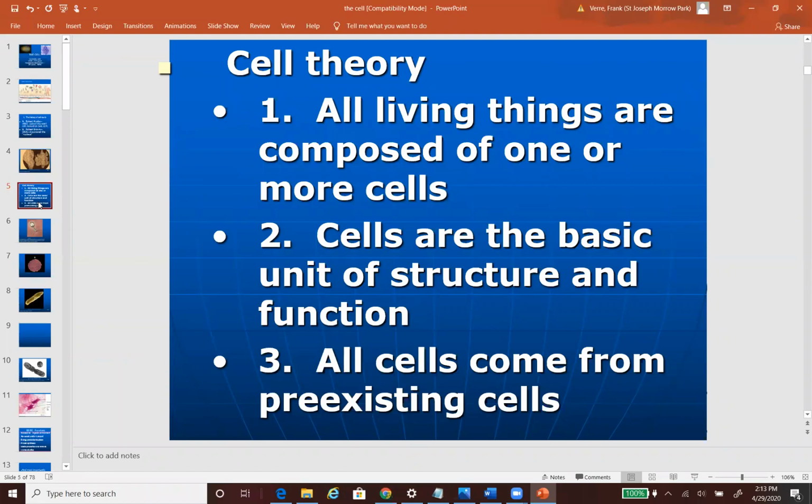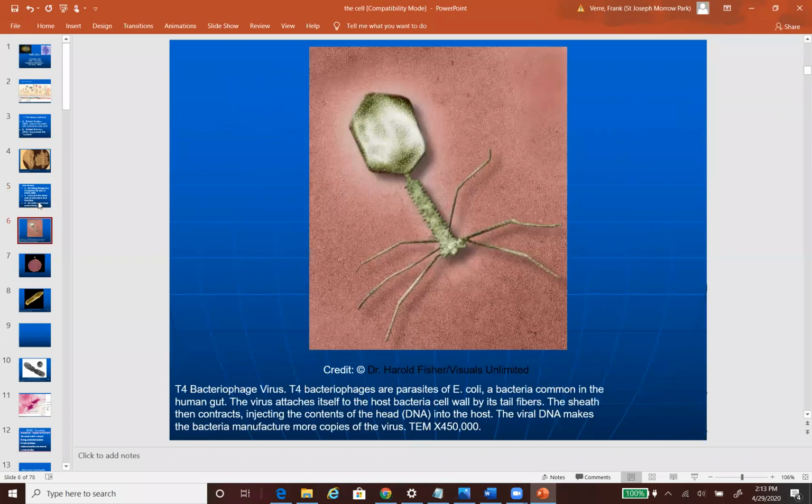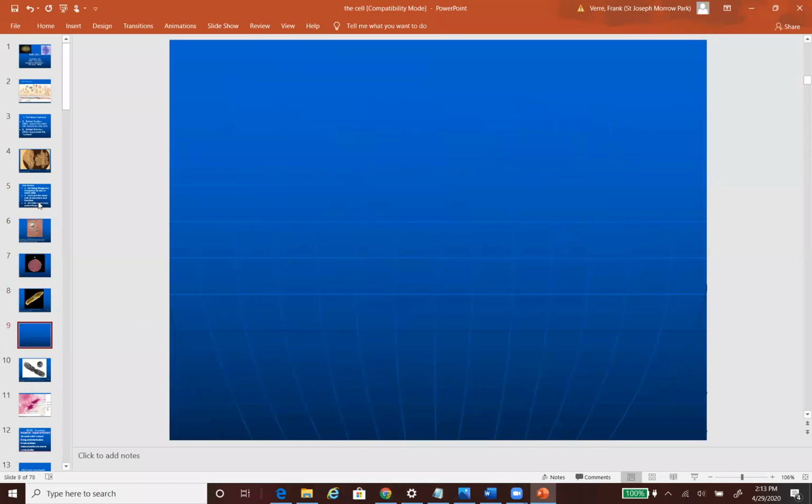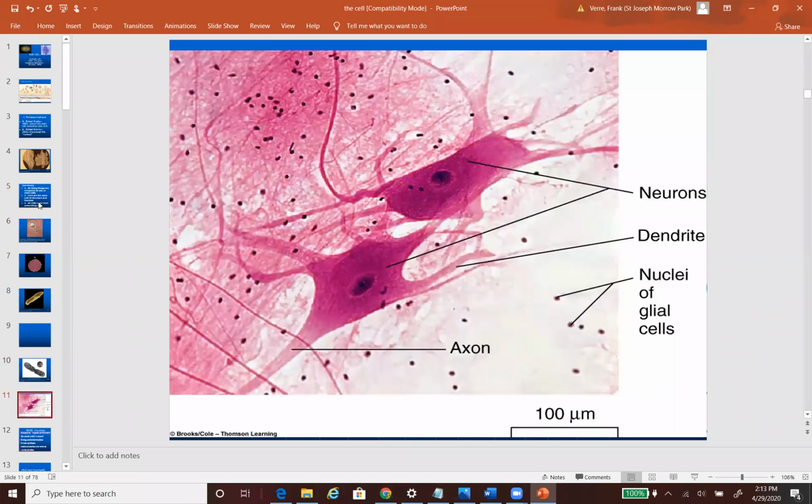Okay, the second part of the cell theory says that all cells are the basic unit of structure and function. So what exactly does that mean? What it means is if you can think of a function, it's going to be the responsibility of a particular cell to carry out that function.